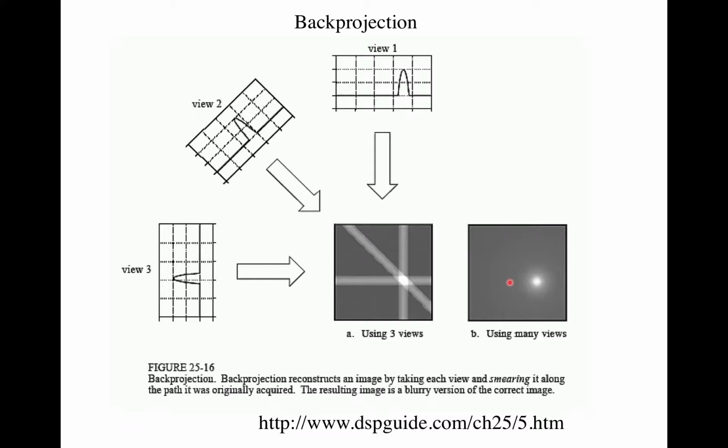And so we lose spatial resolution in doing this procedure, right? The image gets blurred in doing this simple back projection procedure, even though it's super cheap computationally. I mean, you can do it very, very quickly, even with a very large 256 by 256 or 512 by 512 image.